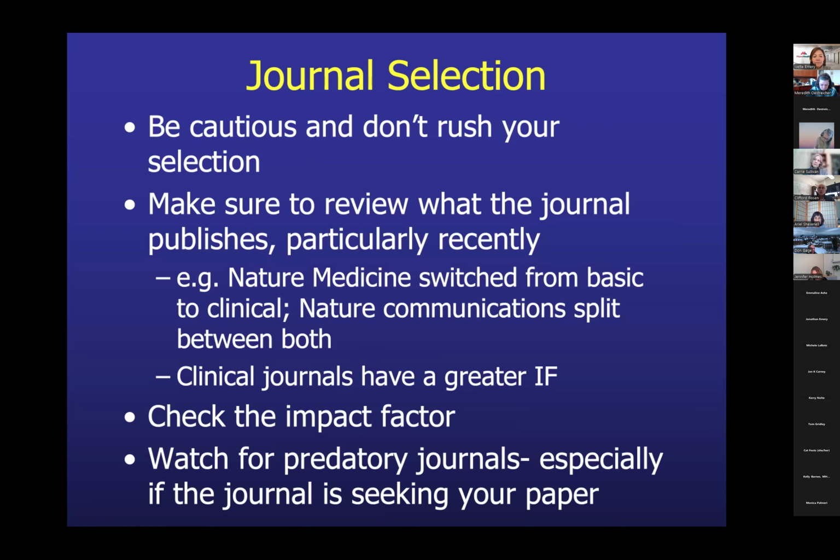And by doing so, they will often shift their orientation to see what works in terms of impact factors. The best example to date is Nature Medicine, which really was a basic journal for many, many years, a really applied science and no clinical medicine. And over the last 2 years, they've made this major switch into clinical medicine.